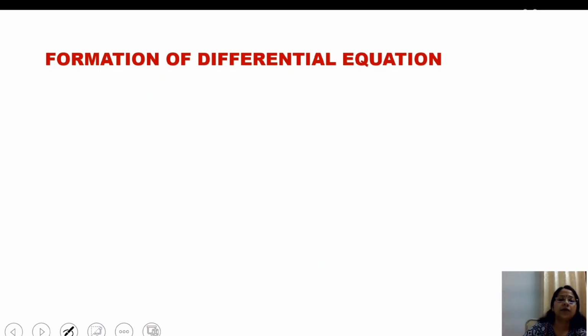Here we learn with the help of some more examples how we can form differential equations.